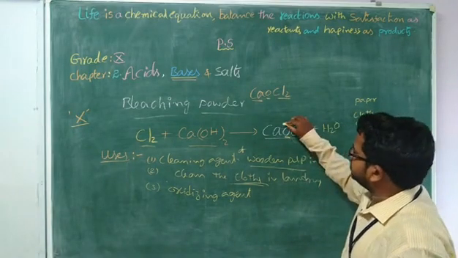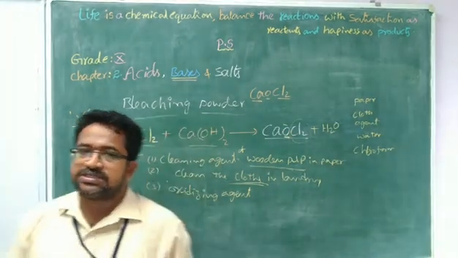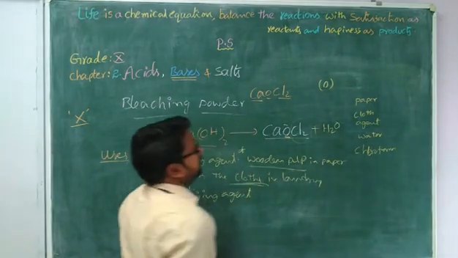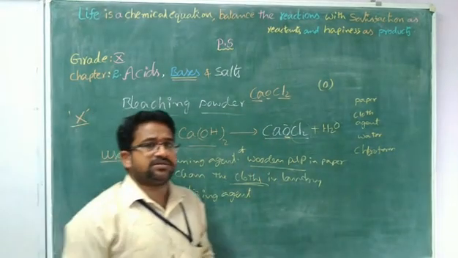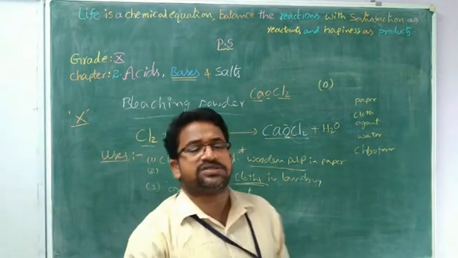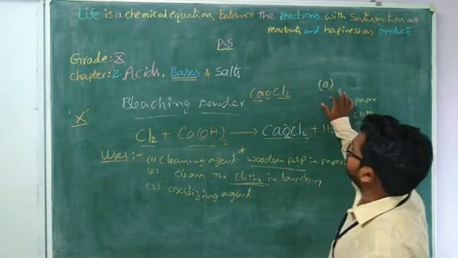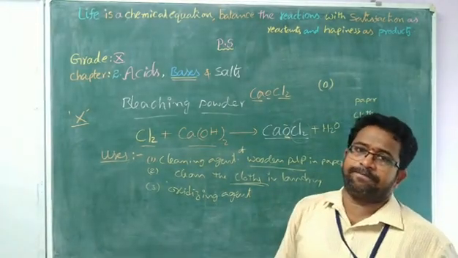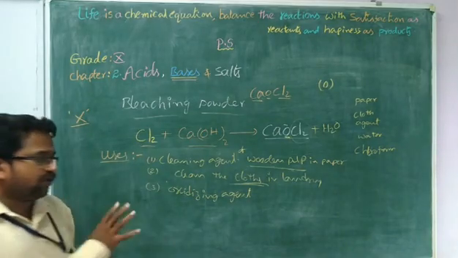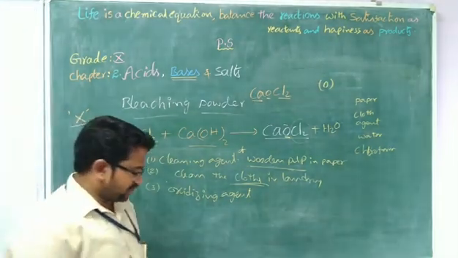Because the bleaching powder is having single oxygen. Single oxygens are called nascent oxygens. This nascent oxygen is going to be used as an oxidizing agent in different industries. Of course, in higher classes you will learn more about this nascent oxygen. Clear? So third point: bleaching powder is used as an oxidizing agent in different industries.